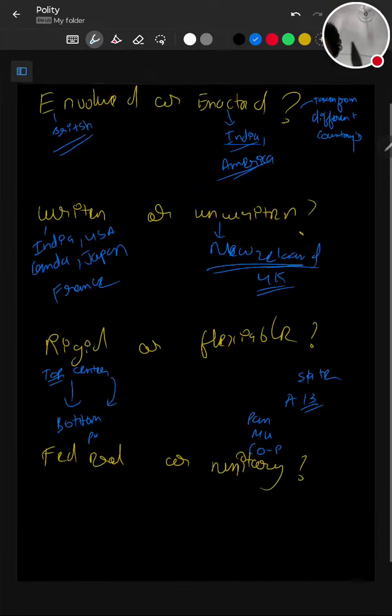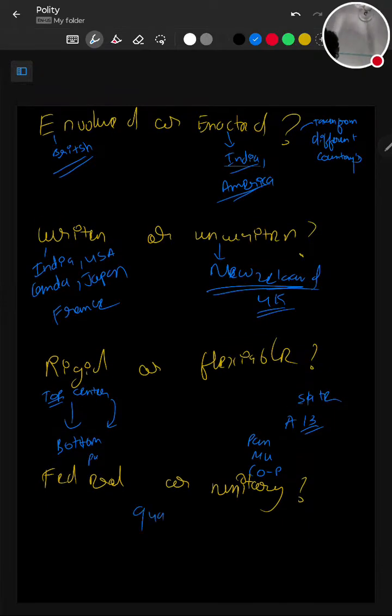Now, is our constitution federal or unitary? Our constitution is quasi-federal, which basically means it is neither federal nor unitary. Unitary means the top one, the center, is the one taking all the decisions.